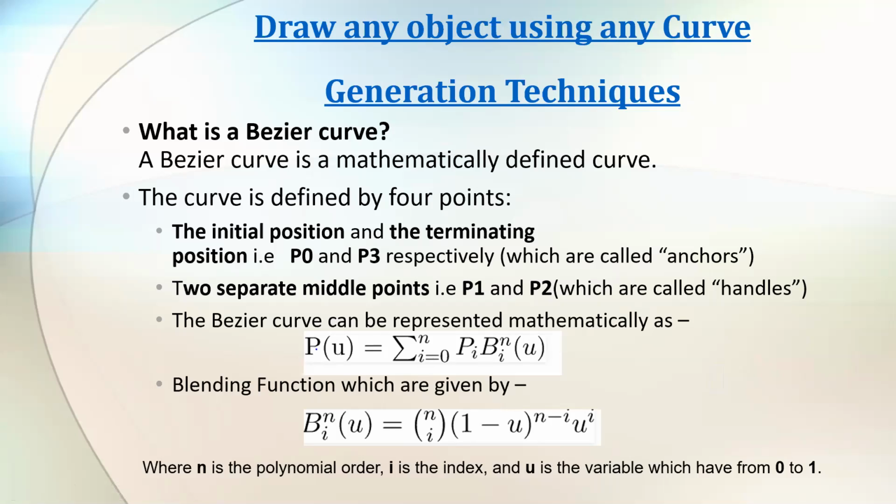If it is a cubic polynomial, the n value is going to be 3. Fine. And B_i,n is called the blending function, which is given here, the expansion of the blending function. So this is the formula. You have to directly apply the formula when you are creating the code.